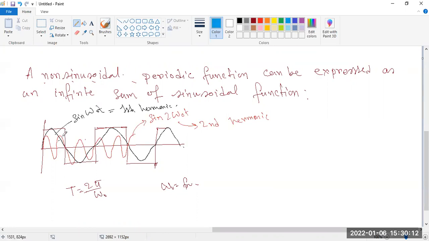What are harmonics? Now, if there are three cycles within this period, one, two, three, you can see there is the third harmonic. So this is sine 3 omega naught t. This is called the third harmonic.